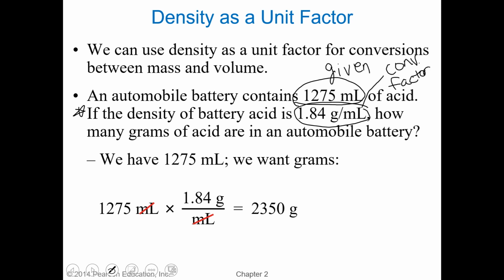Now we should be immediately taking this 1.84 grams per mil and turning it so it looks like a fraction. All right, so here we have our given. We're going to put that over 1. You put the milliliters in so that they cancel, like so. Grams needs to go up here, and the number never leaves its unit. Okay, calculate out the math, and there you go.